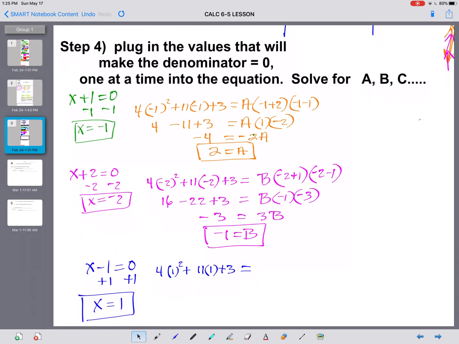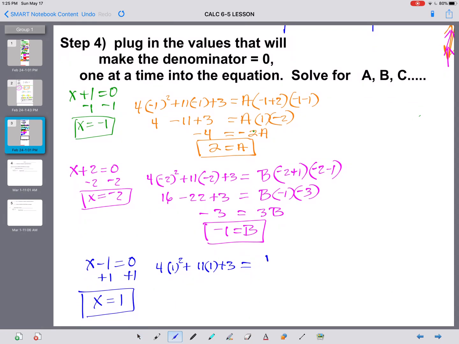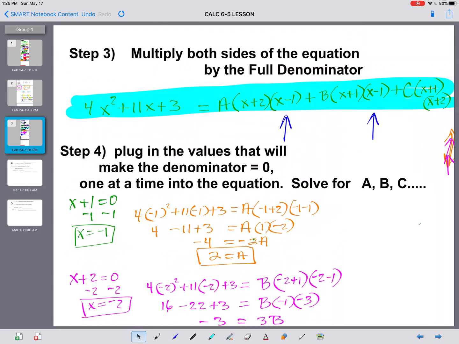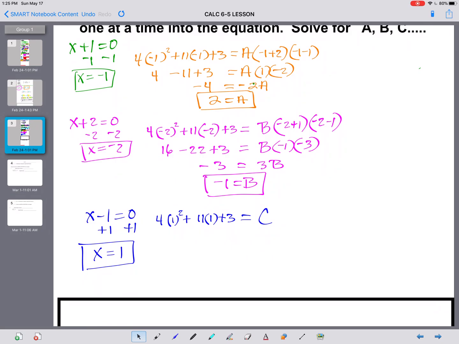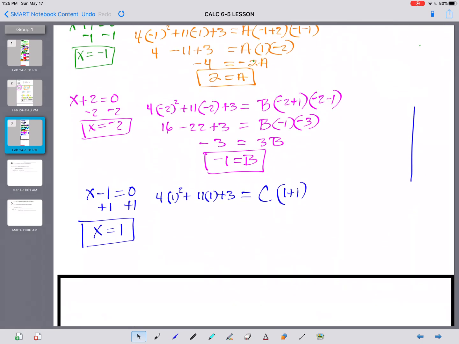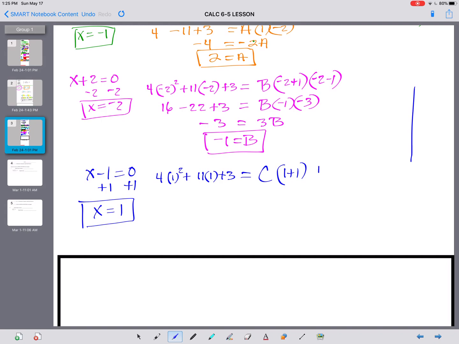Okay, here we go. So it's going to be C times 1 plus 1, and then 1 plus 2.